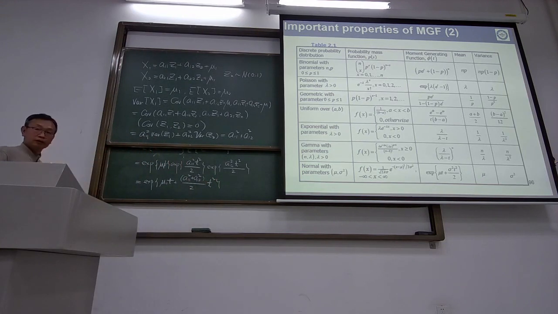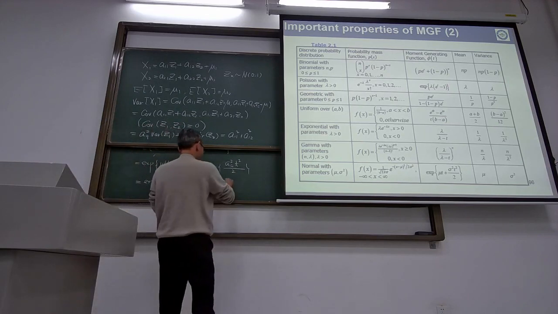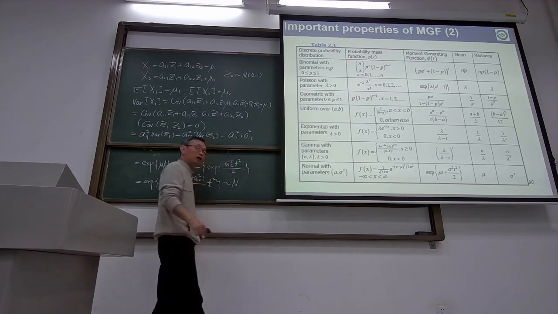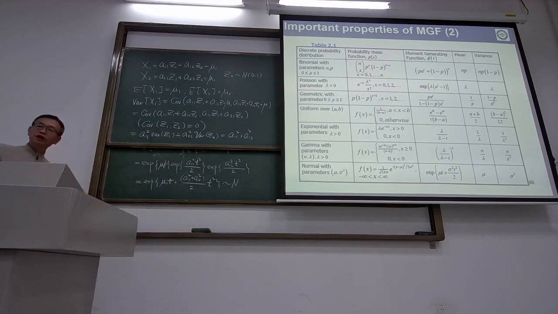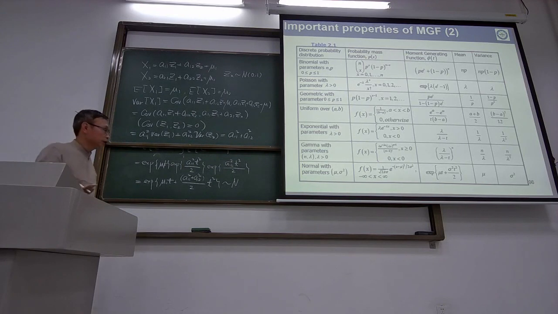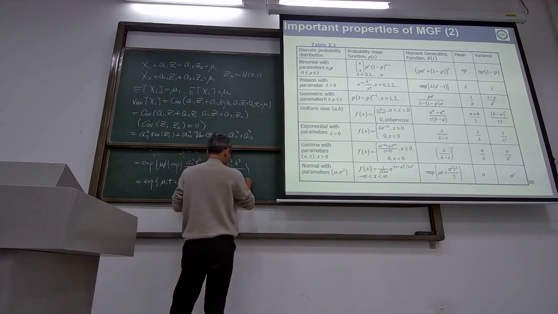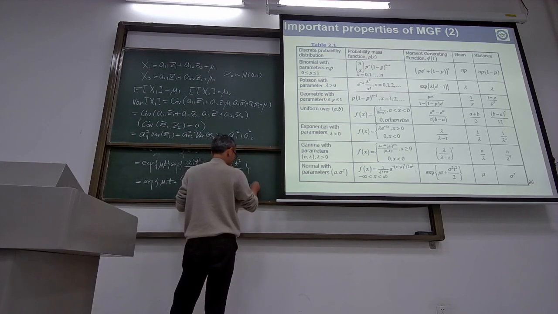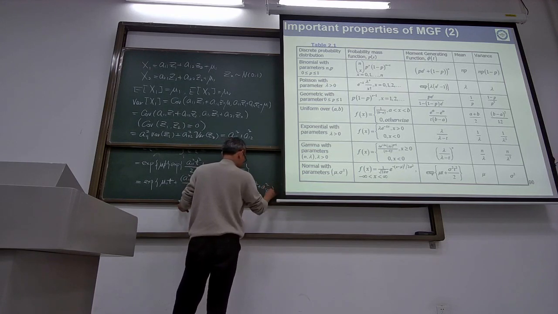What's this? This just shows that X1 follows a normal distribution with mean mu1 and variance A11 squared plus A12 squared, because there is a one-to-one correspondence between the moment generating function and the distribution.